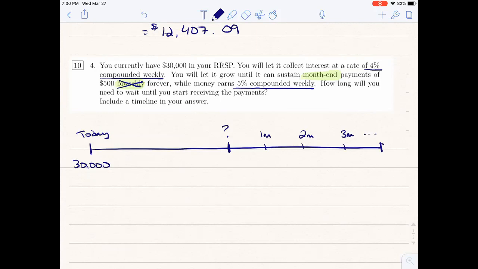And then I'll make a little arrow to show that it's going to keep going on forever. I should put my payment amount there first: $500 at the end of each month. So 500, 500, 500, just keeps going and going.